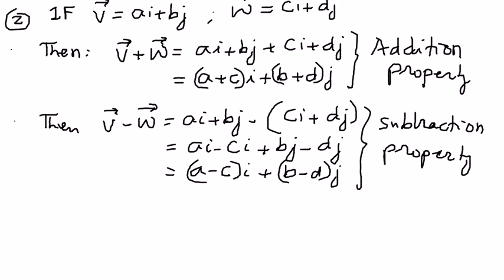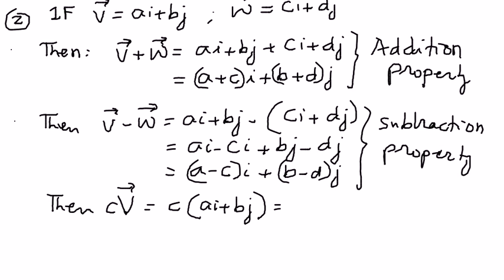The third property, the other property, if V is a vector AI plus BJ and W is another vector CI plus DJ, then the scalar multiplication, if C times a vector is going to be C times (AI plus BJ), like that.